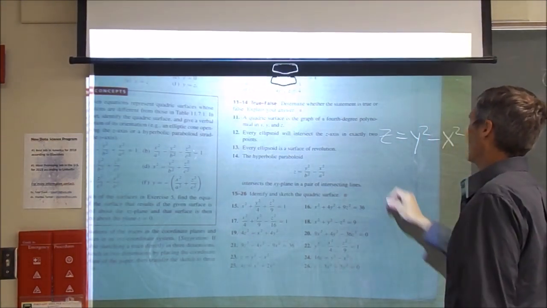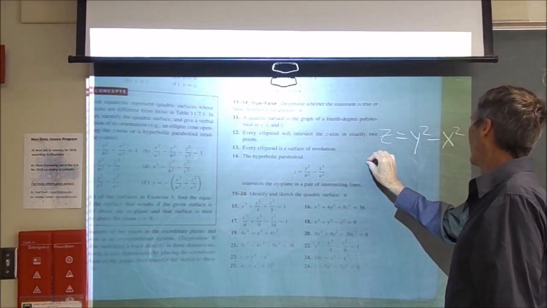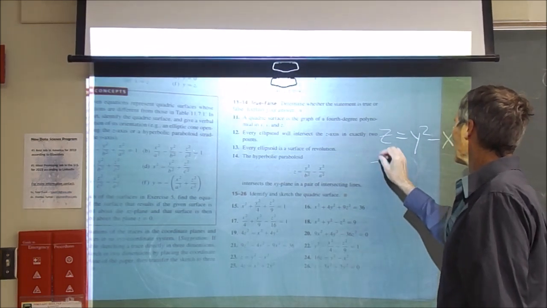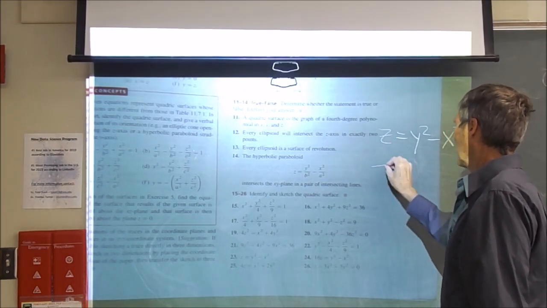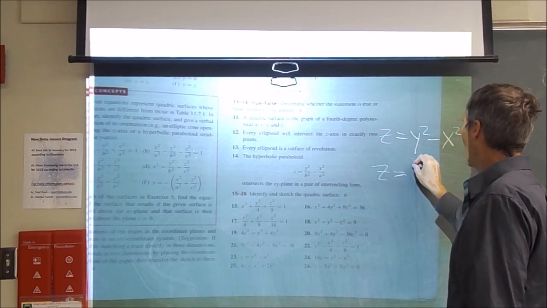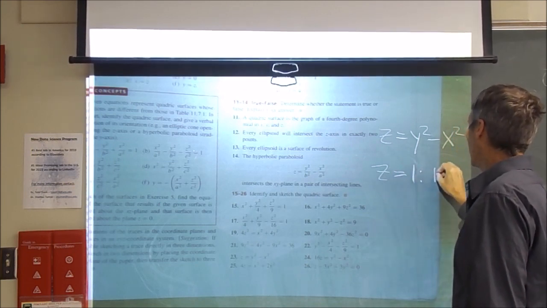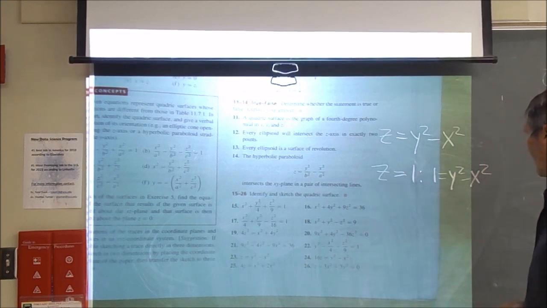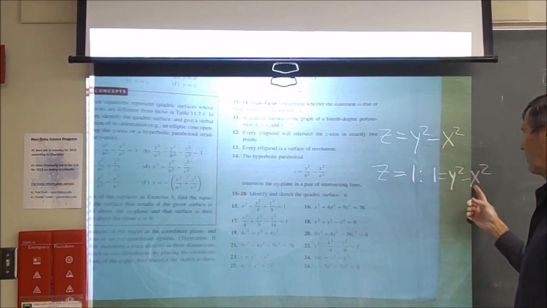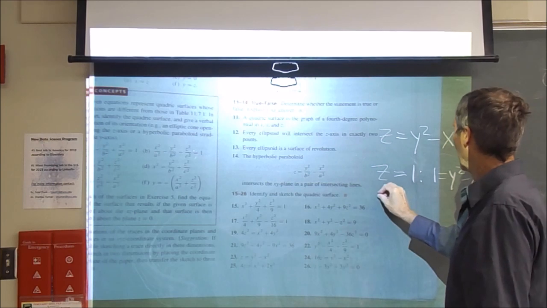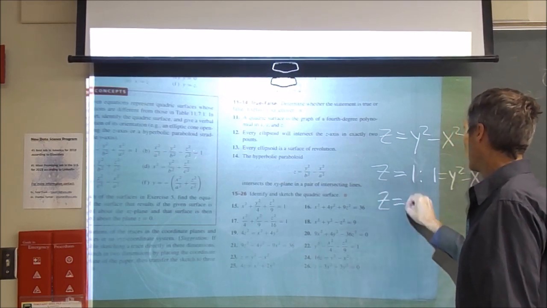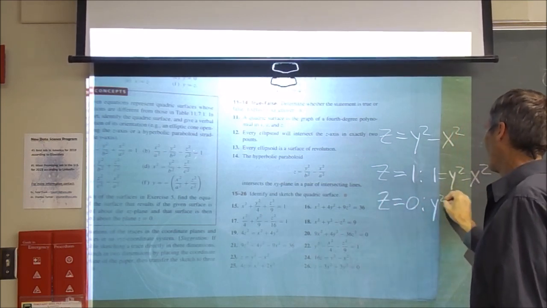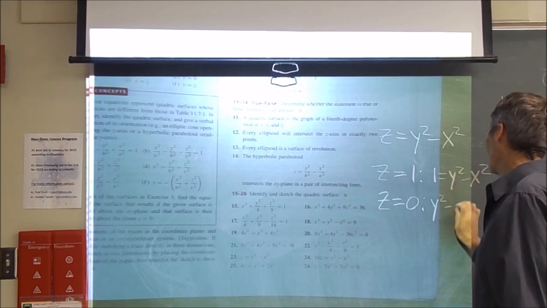if I try taking traces, I can put z equals 1 and get 1 equals y squared minus x squared, a hyperbola, right? With a and b equal to 1. If I put z equals 0, I get y squared minus x squared equals 0.